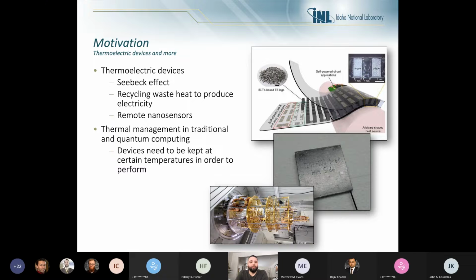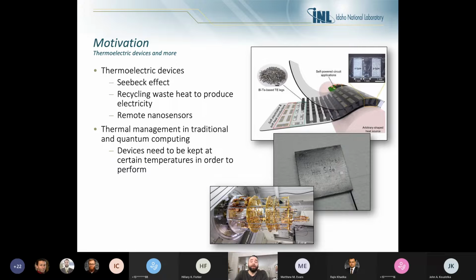Now, a thermoelectric device leverages something called the Seebeck effect, which is essentially where if a temperature gradient or temperature difference is applied to a certain material, it'll actually generate an electric current. If we want to use this effect, we can recycle waste heat.